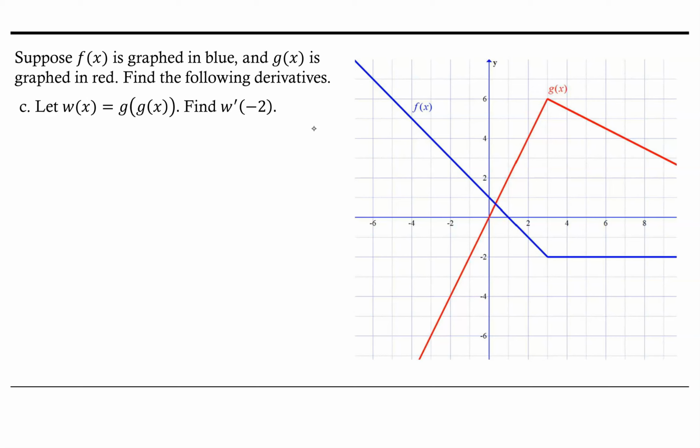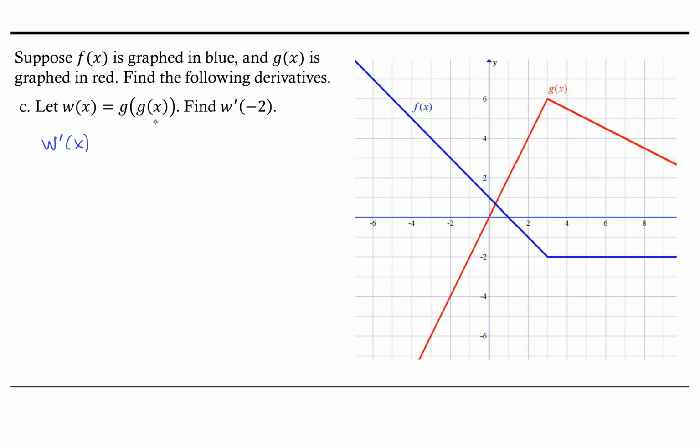So we're still working with the same graphs we were before, but notice we have a slightly different function this time. This time we're looking at w of x, which is g composed with itself, so g of g of x. So let's create our template for the derivative based on the chain rule.